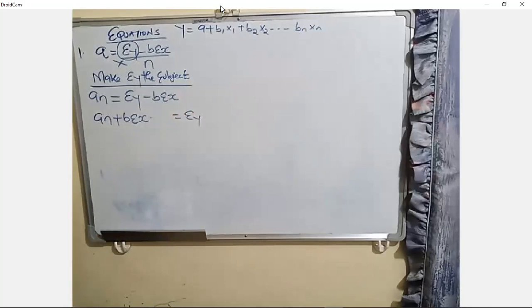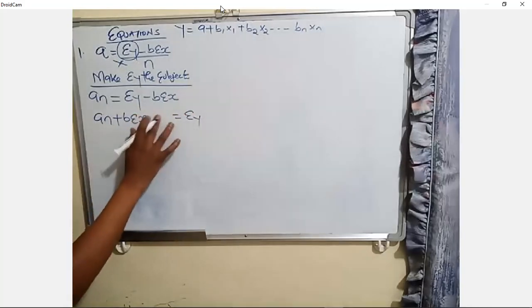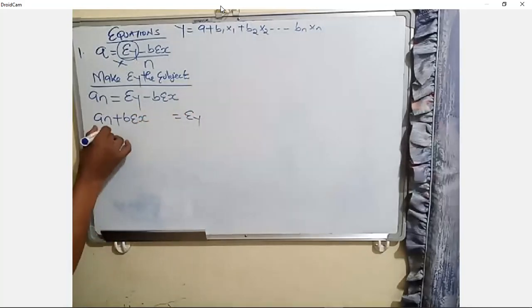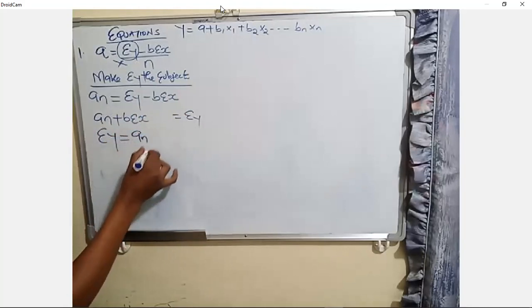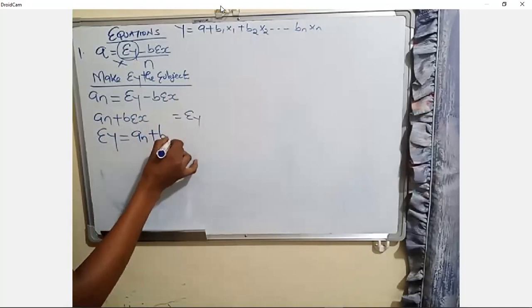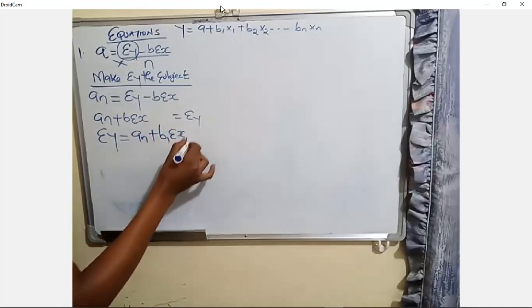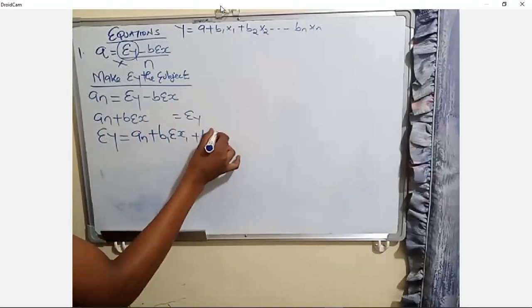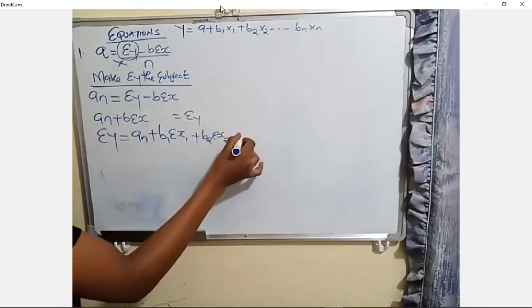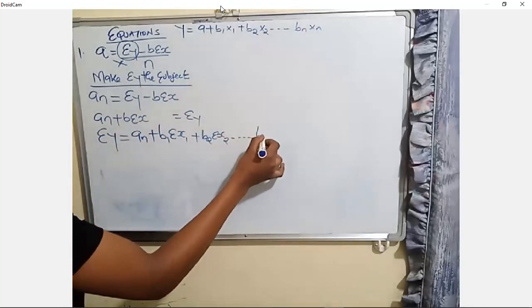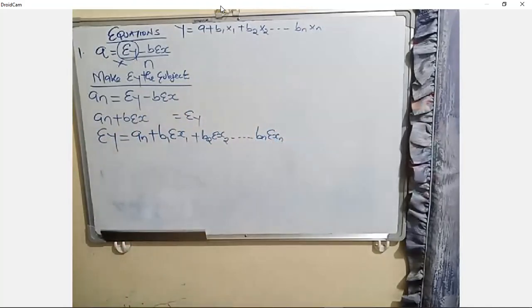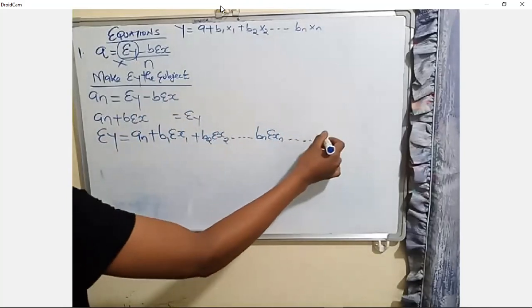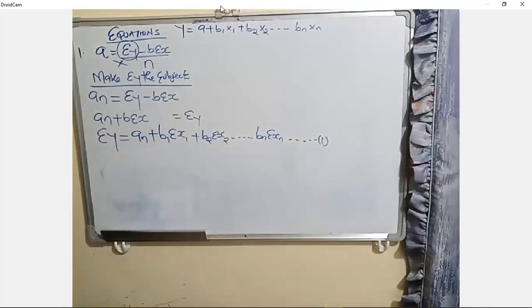So what are we asking ourselves? We are dealing with more than one independent variable. So our summation of y will be equal to an plus b1 summation of x1 plus b2 the summation of x2. You can go all the way to bn, the summation of xn. That is our first equation.